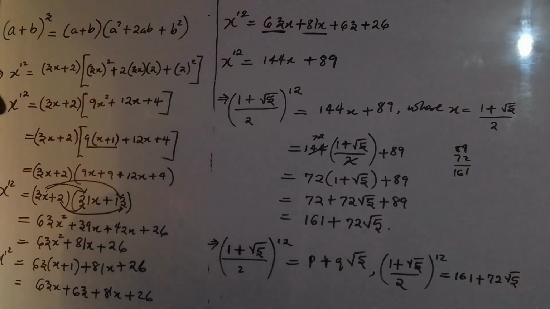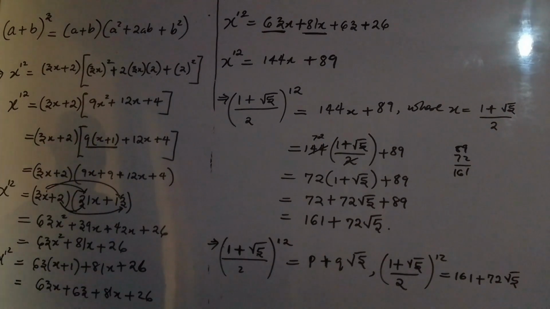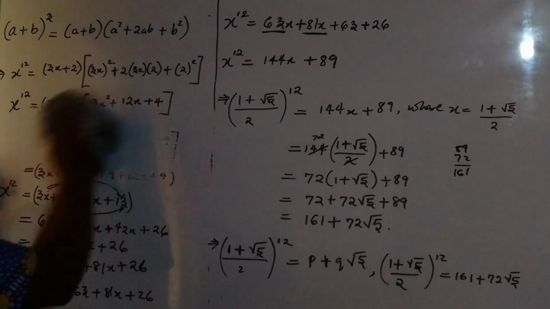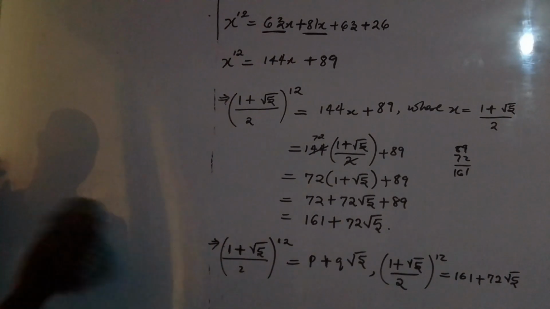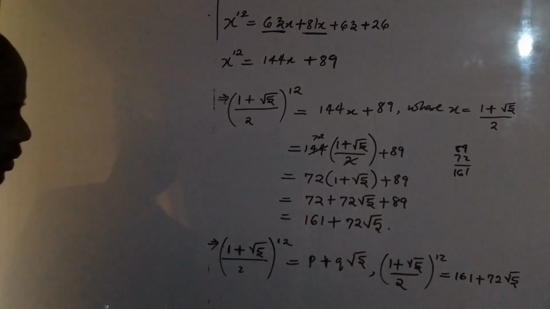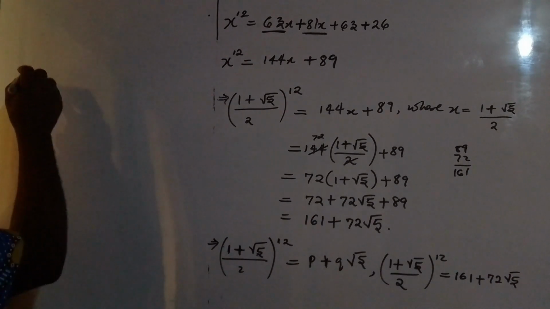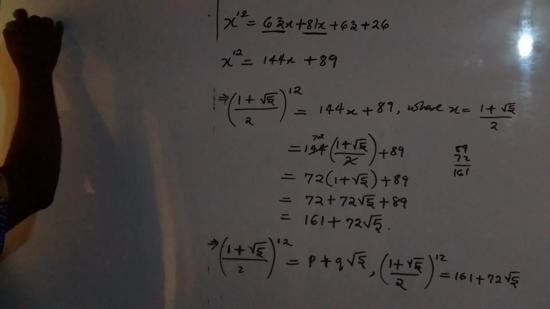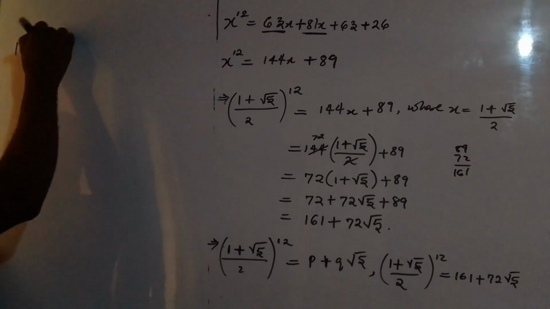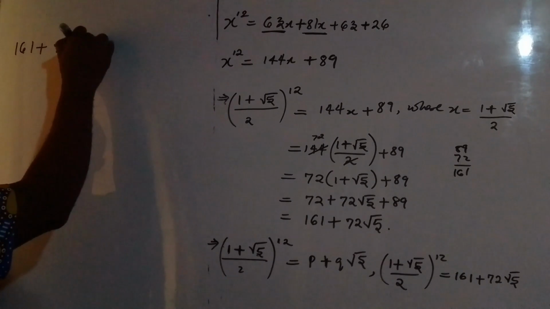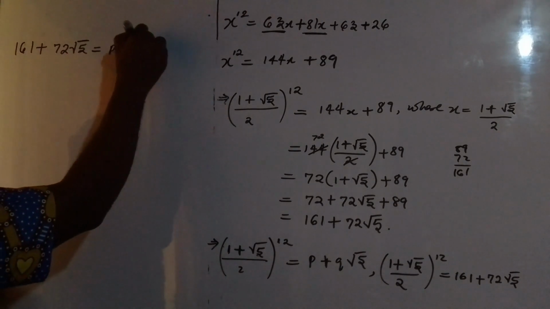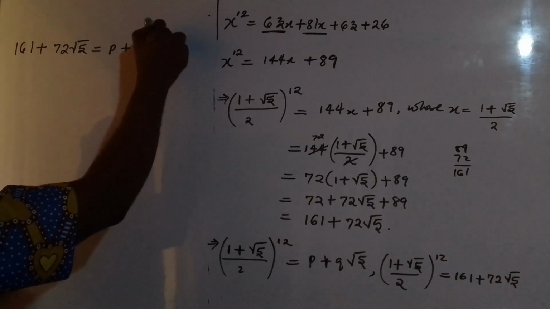So if we make that comparison, 161 + 72 root 5 is equal to p + q root 5.